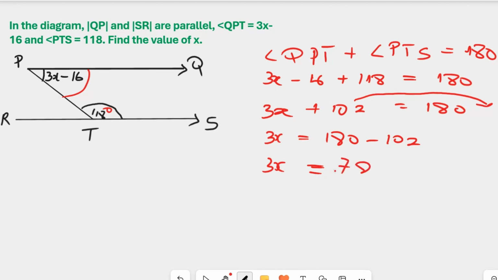So I divide through by 3. 3 can go into 78 how many times? That's going to be 26. So x is equal to 26 degrees. So that is it. Easy, right? Let's take our next question.